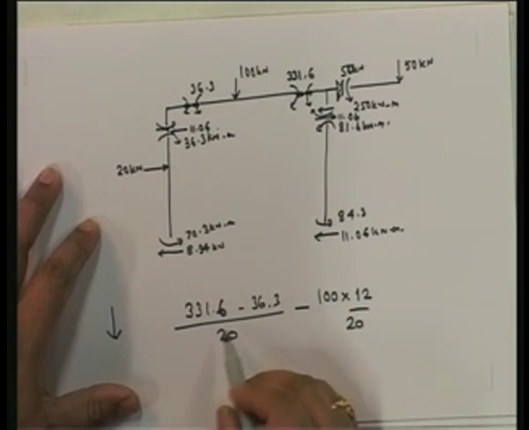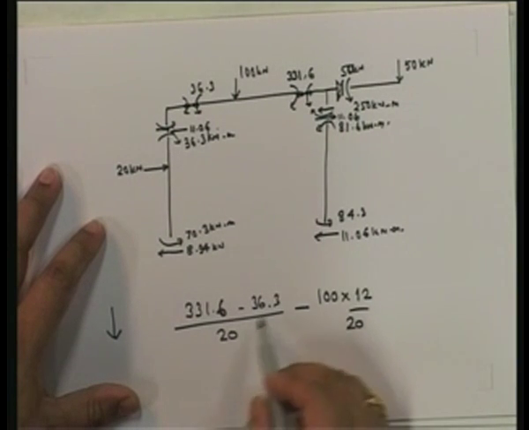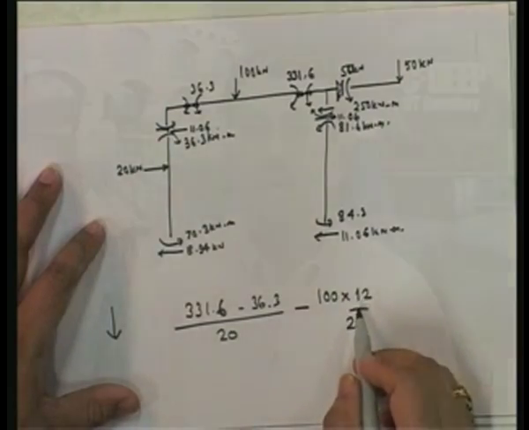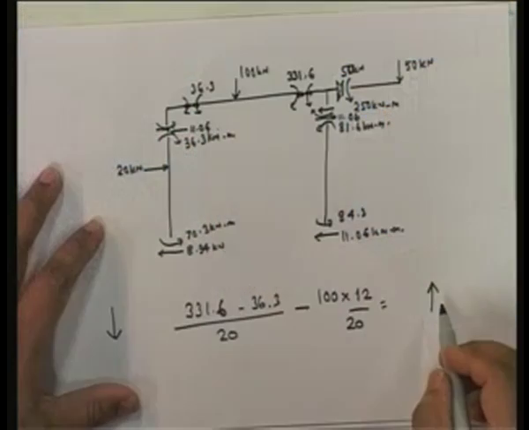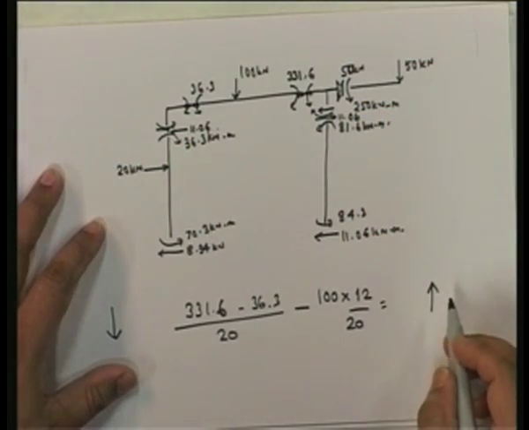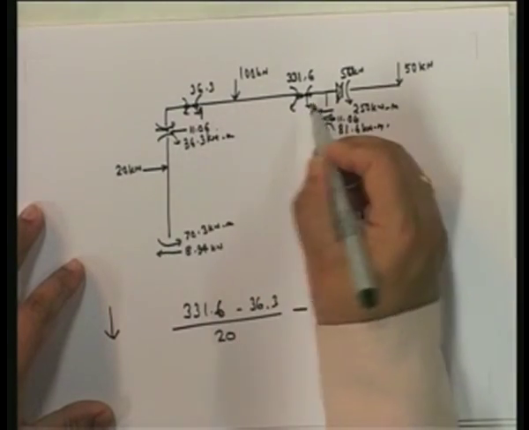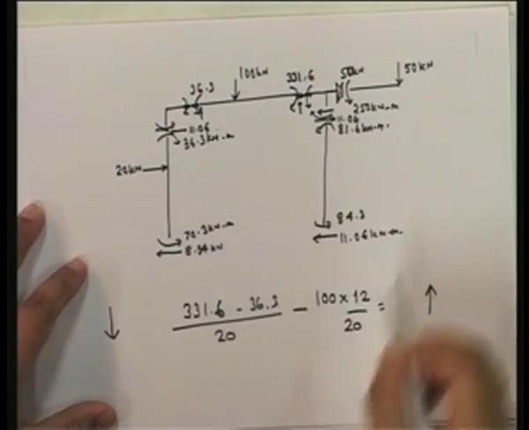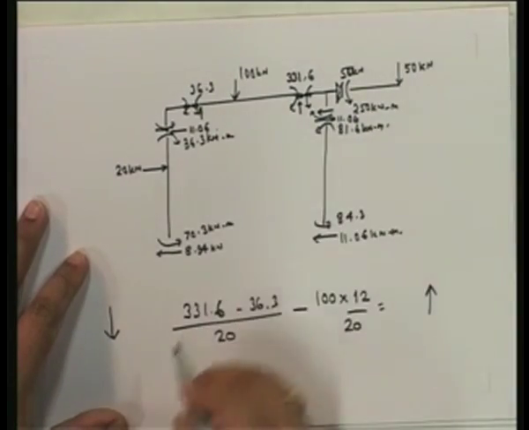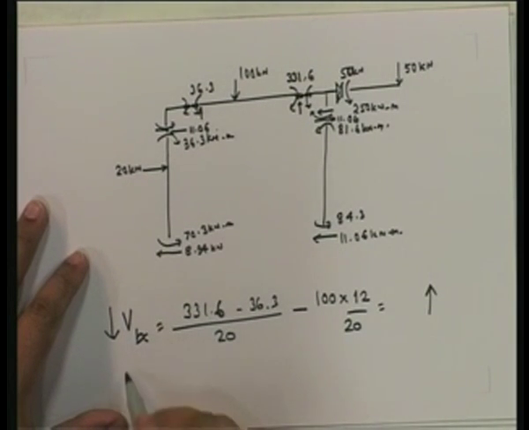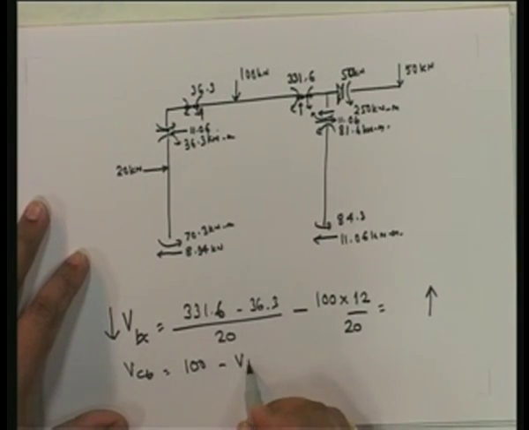This is my net moment, and the net force over here, compute it. This is your VBC, and your VCB is going to be equal to 100 minus VBC.